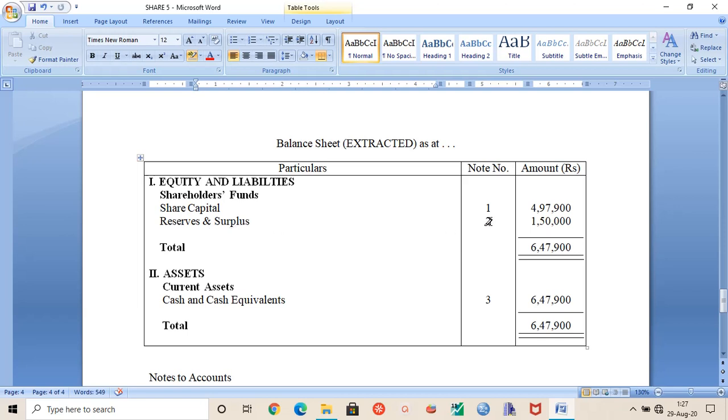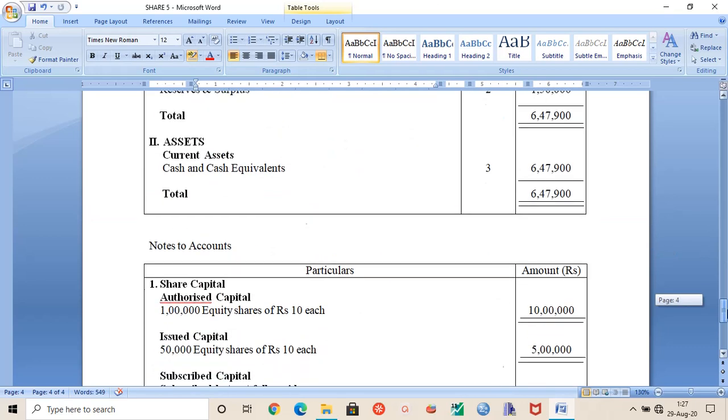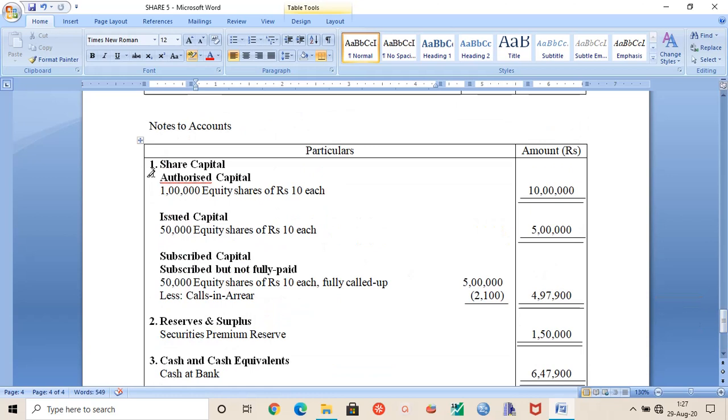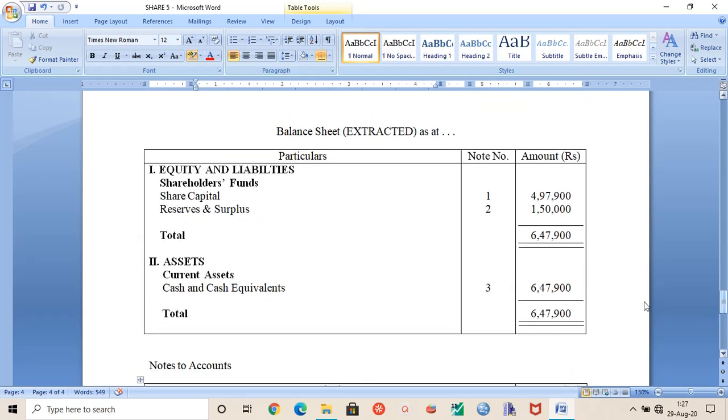So for that we have to prepare the note number. You know already these things, share capital, authorized, issued, subscribed, this cash and cash equivalents also. Only this SPR will come under the subhead, reserves and surplus, okay. So again, let me take you to the balance sheet.